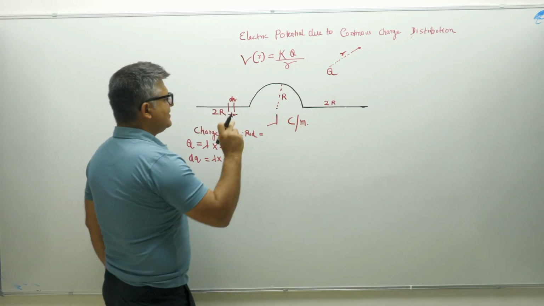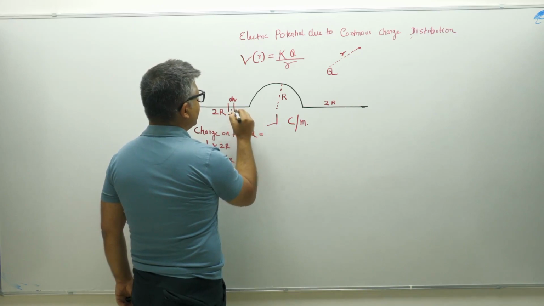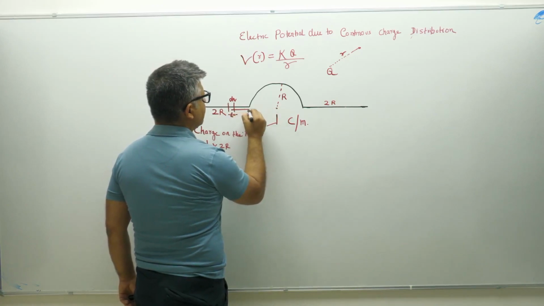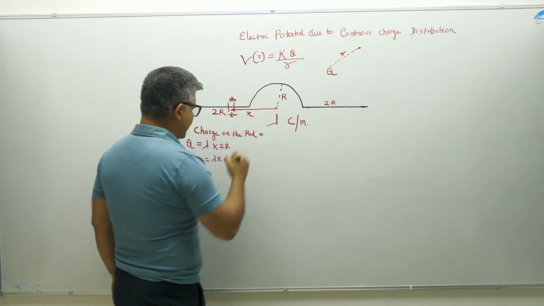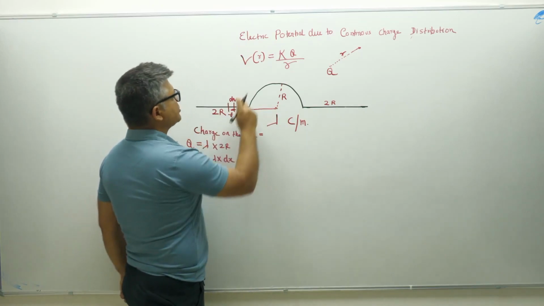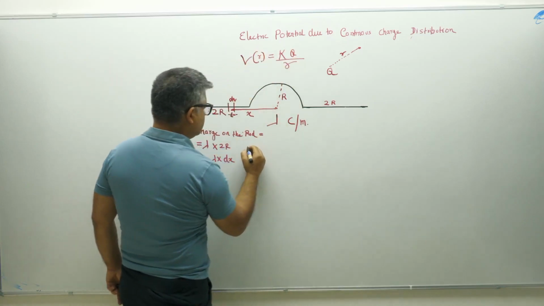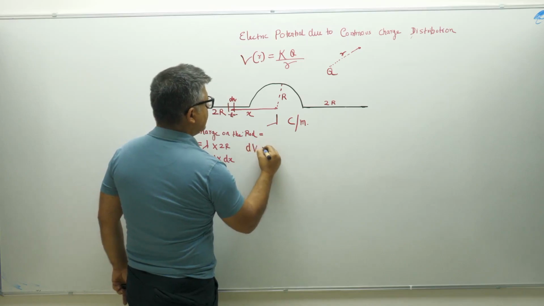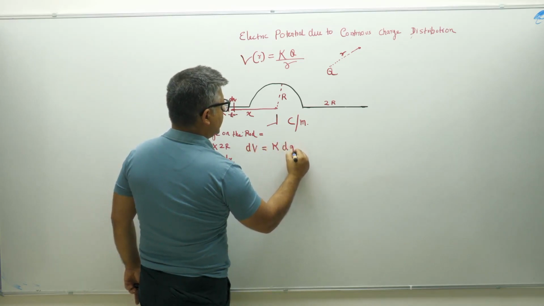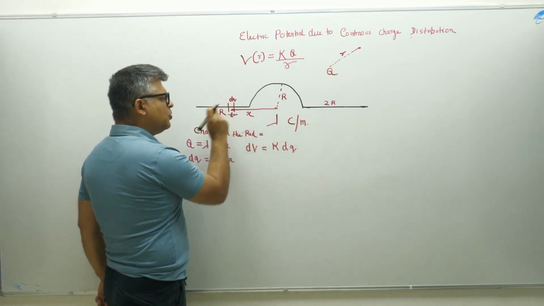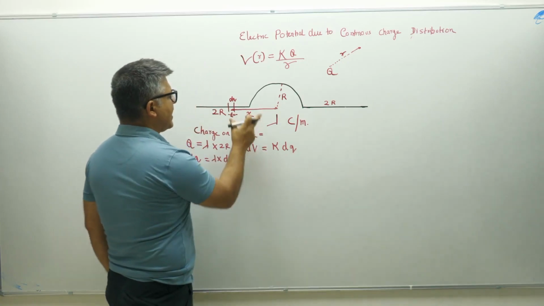Okay, let me find it. Let's say this distance, from here to here, is x. So my expression for potential, which is going to be dV, is dV equal to k dq over x, since the distance of dq from the point where the potential is to be found is x.